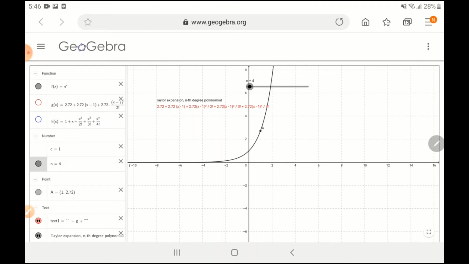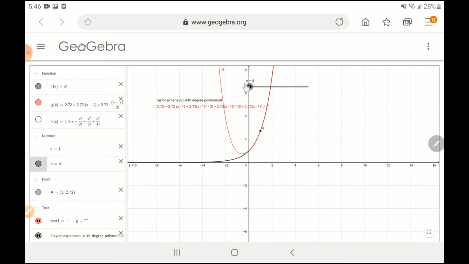Let's try with the center 1 first. The red one is the curve showing the value of the Taylor series when we expand with the center of 1.